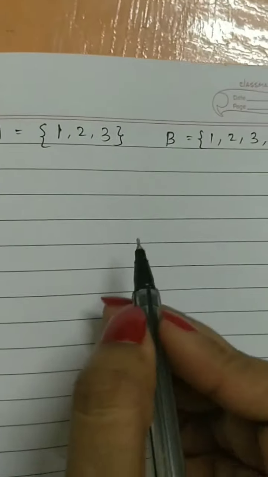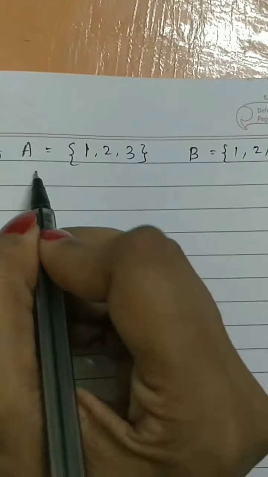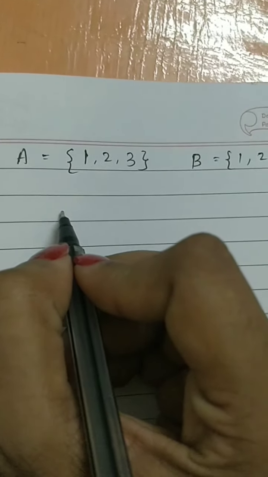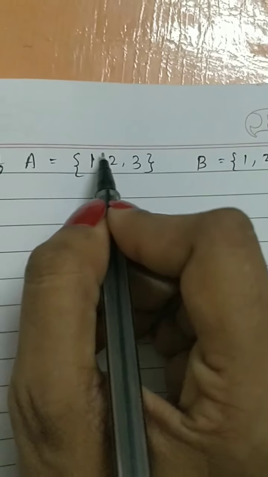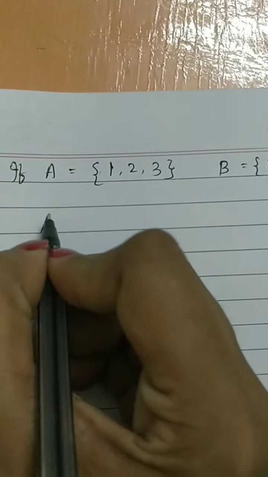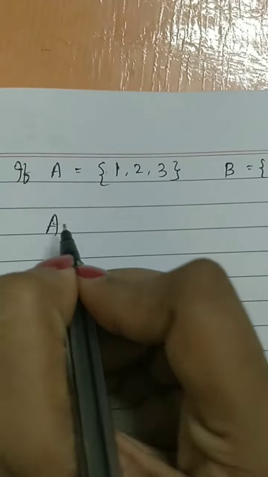Okay. Now I am going to take one more example here. Now set A is 1, 2 and 3. There are 3 elements, and in set B there are 4 elements. Okay. So what is happening now? Here all the elements of set A, I am going to write it like this.